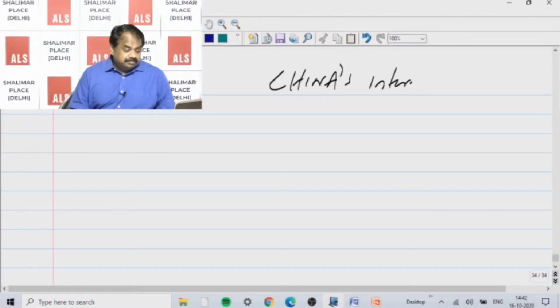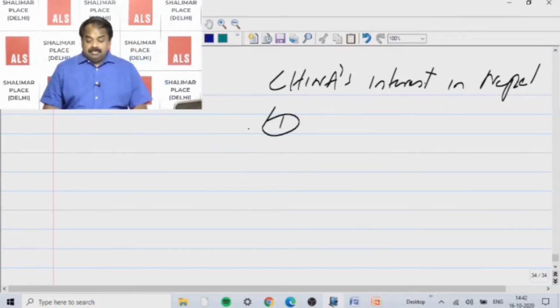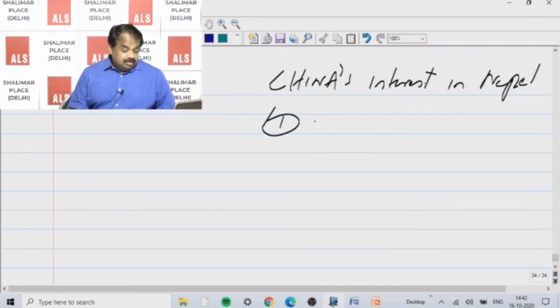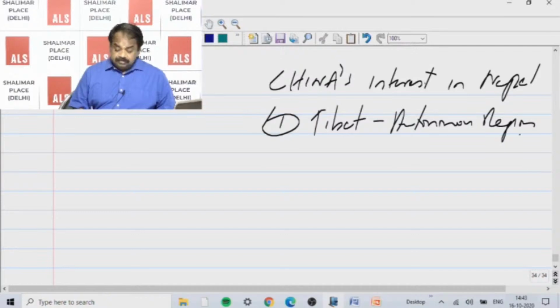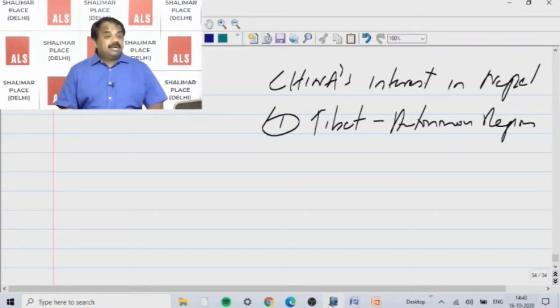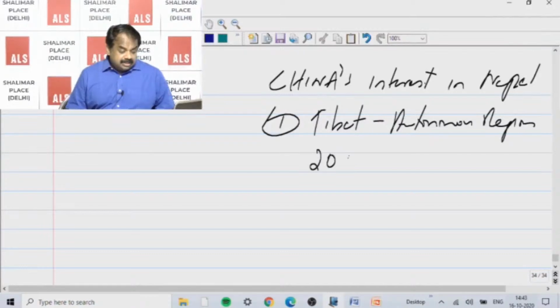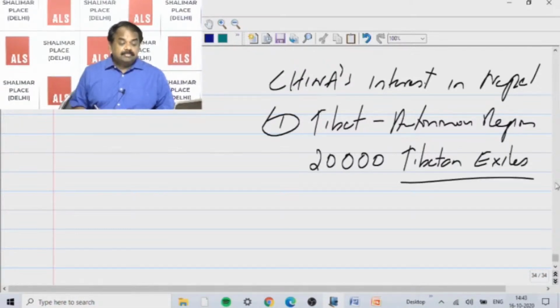China's interest in Nepal. First of all, the Tibet Autonomous Region, and at least 20,000 Tibetan exiles are in Nepal.